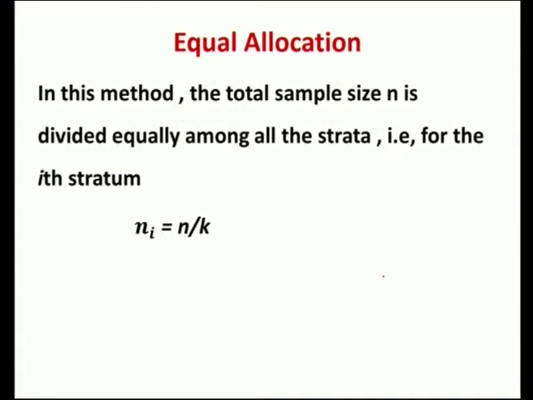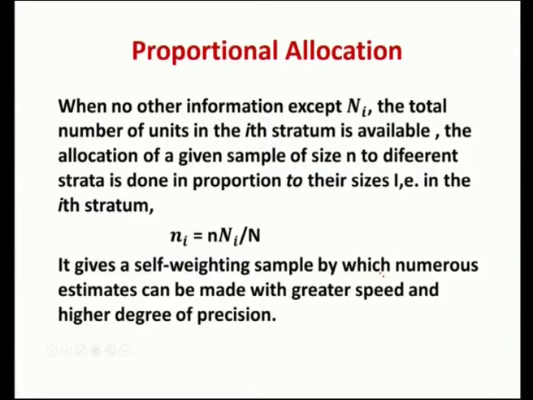First method, equal allocation. So, here all the sample strata will have the uniform size, same size. In this method, the total sample size n is divided equally among the strata, that is for the ith stratum we have ni is equal to small n divided by k. And the second method, proportional allocation. So, here we have no other information except for Ni, that is only with the information Ni we are going to allocate the sample stratum size.